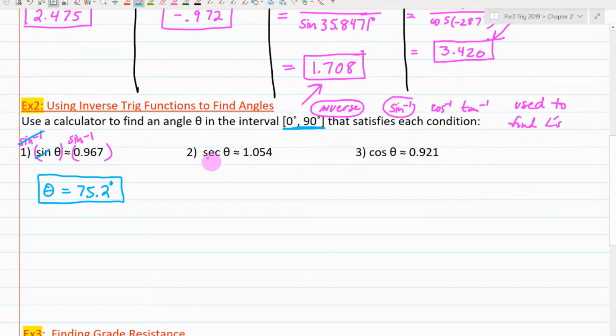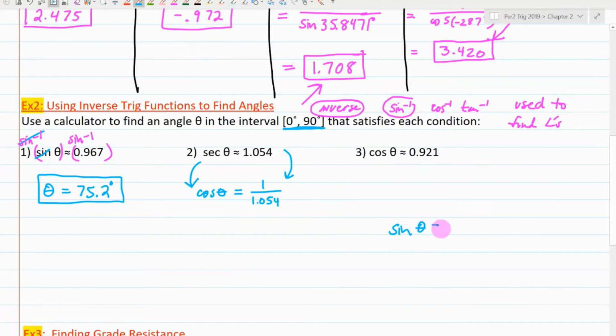For this one, we don't have secant in our calculator. So in this case, we will have to take the reciprocal of both sides. So the reciprocal of secant is cosine theta. The reciprocal of this is 1 over 1.054. Now, normally we don't put decimals inside of fractions, but remember when we were doing sine, cosine, tangent.